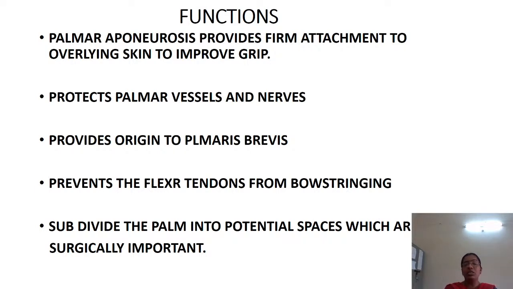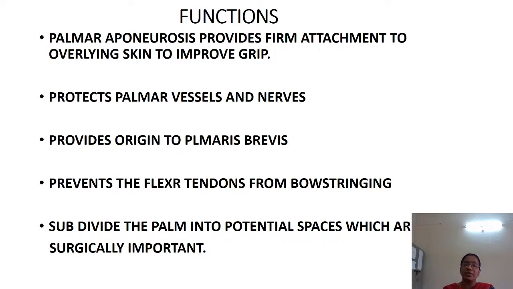The second function is that it protects, because we have seen that between the superficial and deep slip of the palmar aponeurosis there are vessels and nerves passing through. So whenever you are doing functions like flexion and extension, protection is given to the palmar vessels and nerves. It also provides origin to a subcutaneous muscle called palmaris brevis.